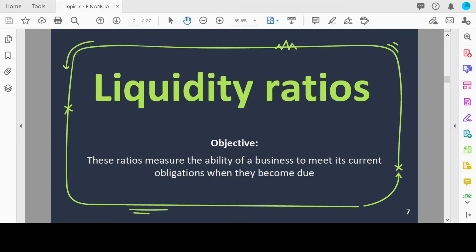Simply looking at the financial statements, from the statements, you may see that you have asset, you have liabilities, but are we able to pay our liabilities when they become due? So to know that, we need to perform a ratio analysis called liquidity ratio.